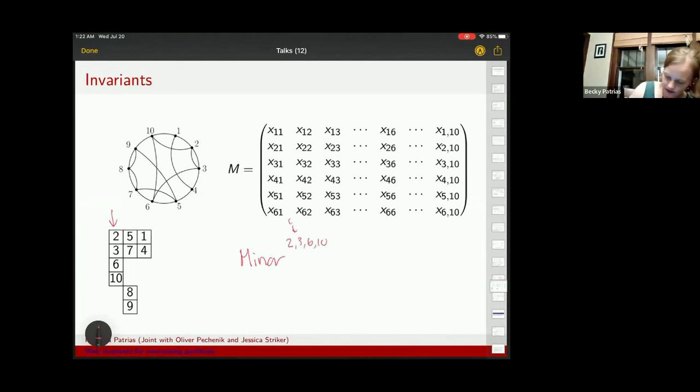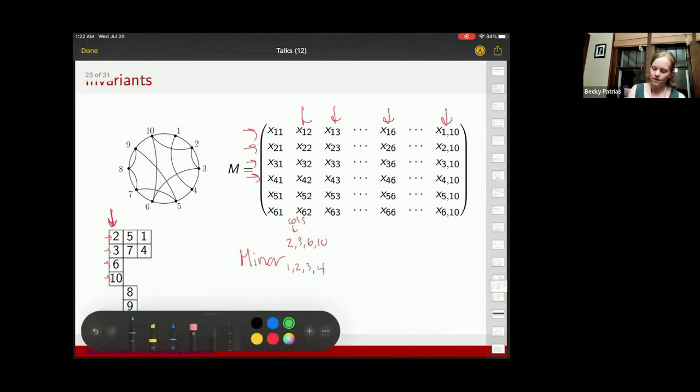So these are the columns. The rows I'm going to use for my minor are determined by the rows that my column uses. So my first column here uses rows 1, 2, 3, and 4 in my tableau. So I'm going to use rows 1, 2, 3, and 4. So that's my first minor corresponding to my first column.